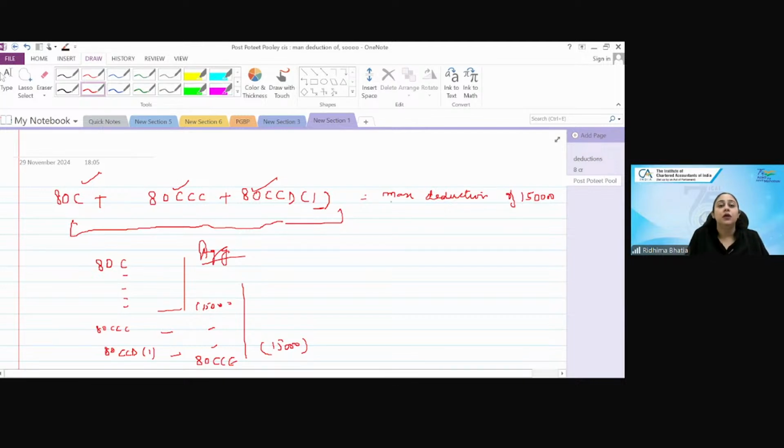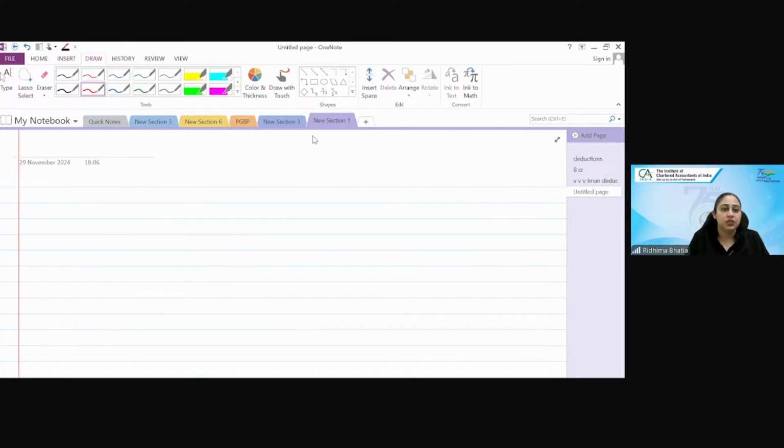Now coming to the section which is very, very, very important, 80CCD subsection 1. Please listen carefully to this particular section. Now, this is particularly for your contributions made to Atal Pension Yojana. A question can come like this, or your NPS, National Pension System.